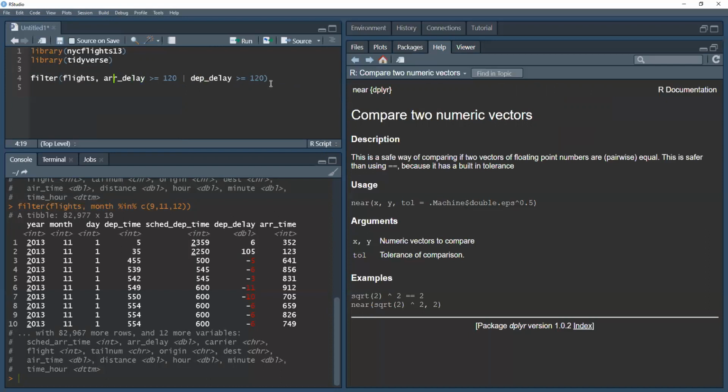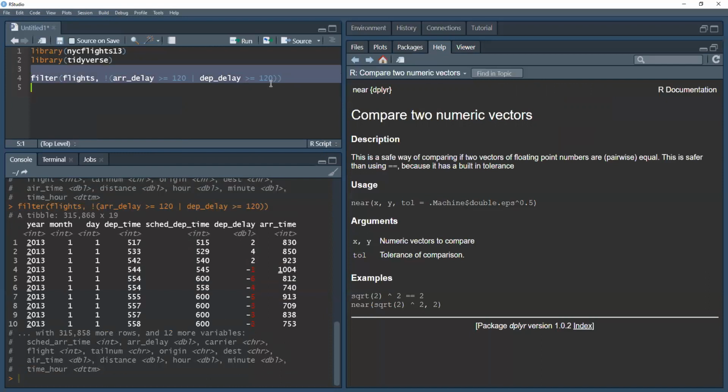Now, because I want to have my data having only arrival delays and departure delays that are less than that, I can put the not symbol in front of it after wrapping it in brackets, and I have my data filtered. But this is a little bit hard to look at.